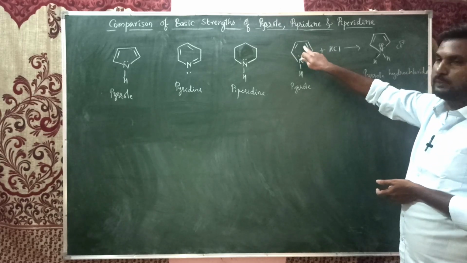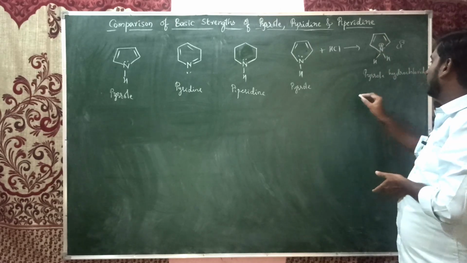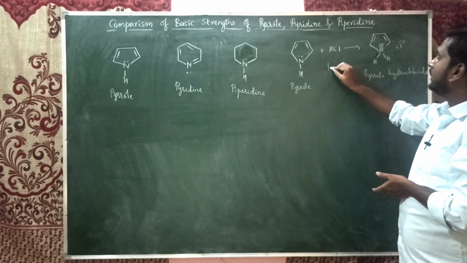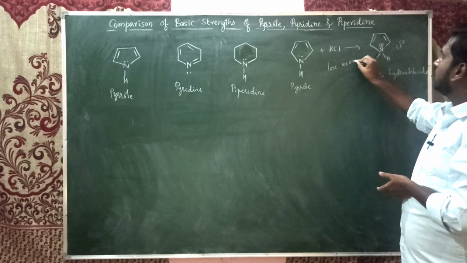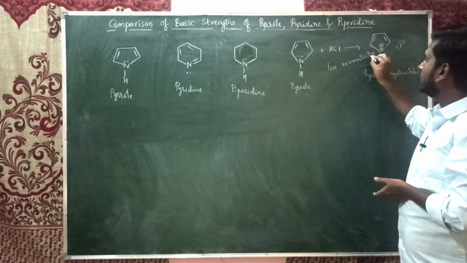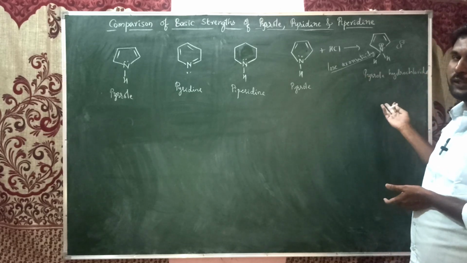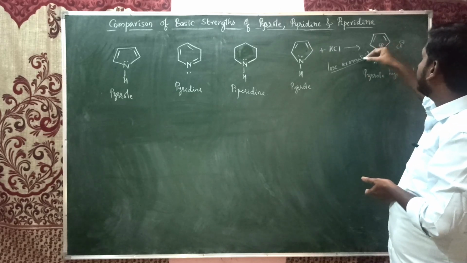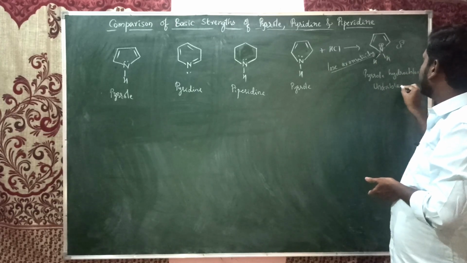Hence here there are 6 pi electrons, here only 4 pi electrons. So there is a loss of aromaticity. As you know, aromatic compounds are more stable, so if it loses this aromaticity, this compound will become unstable.